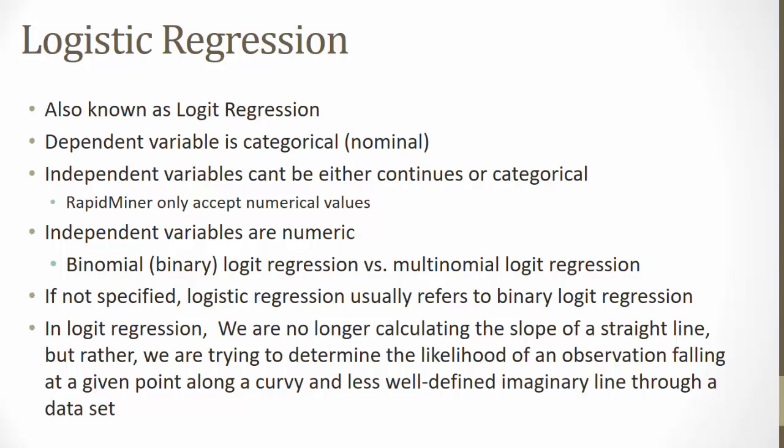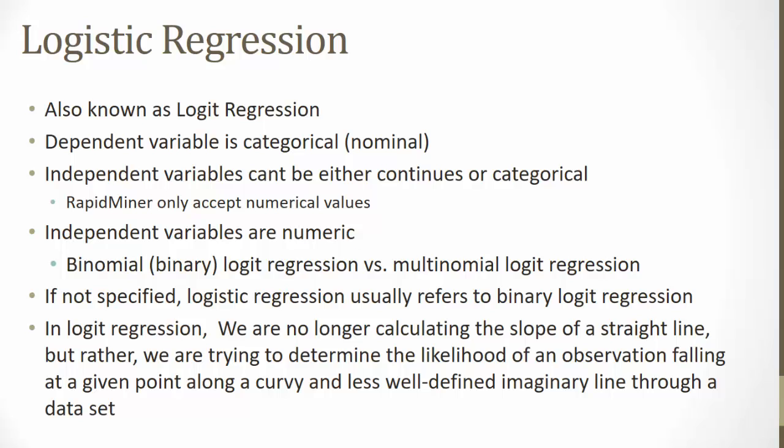So it's a binary outcome, whether people are going to do something or not. There are many problems in nature and in business that follow this logic. We want to predict whether people are going to do something or not, or if something is going to happen or not.